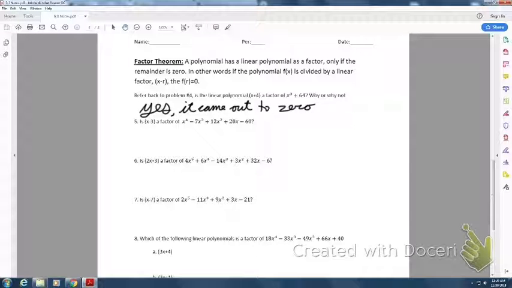And then I want you to do 5 through 7. Make sure that it's a yes or no question. It's asking, is this a factor of this? So you'll plug it in. If it equals 0, then yes, it is a factor. If you plug it in and it's any number but 0, it is not a factor.